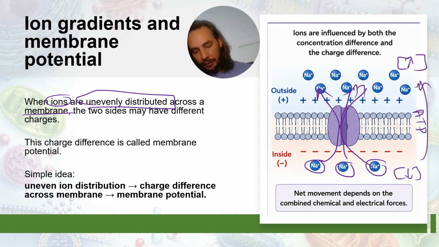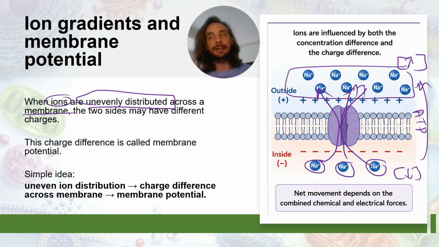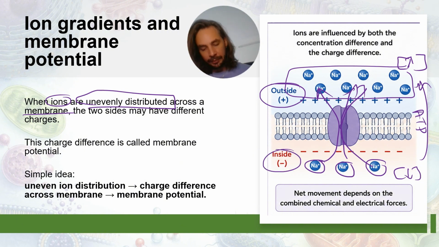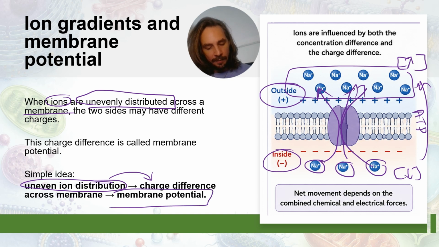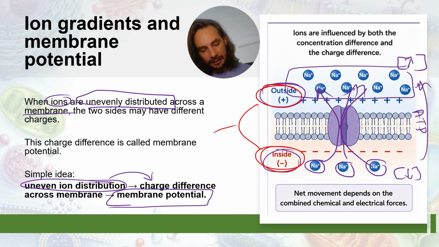Now because there are more sodium ions on the outside, it is slightly more positive, and the inside becomes slightly more negative because of this uneven ion distribution. This leads to a charge difference, and this gives us the membrane potential. This charge difference, where the outside is positive and the inside is negative, is the membrane potential.